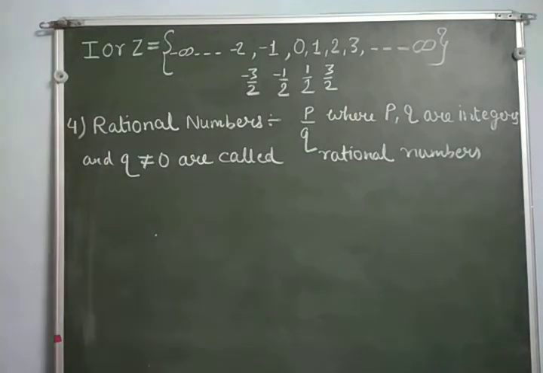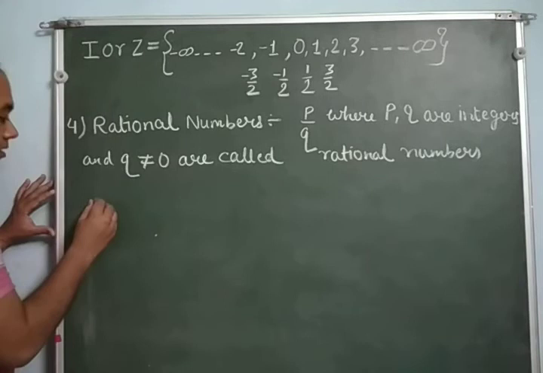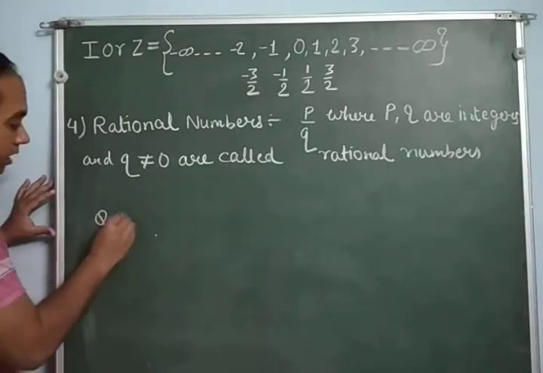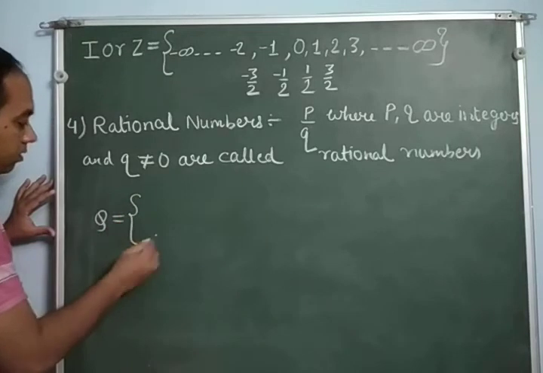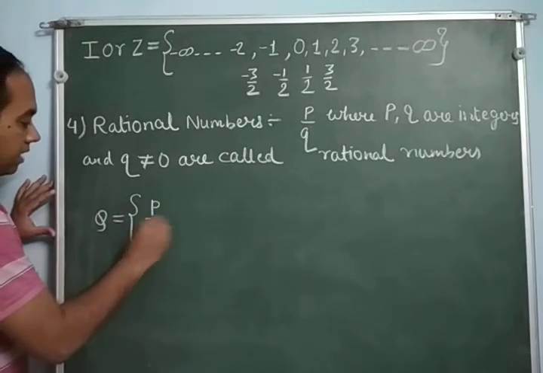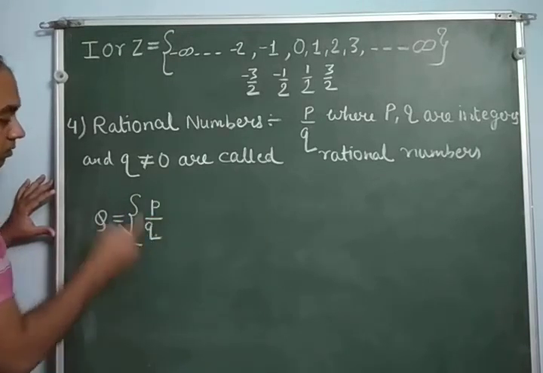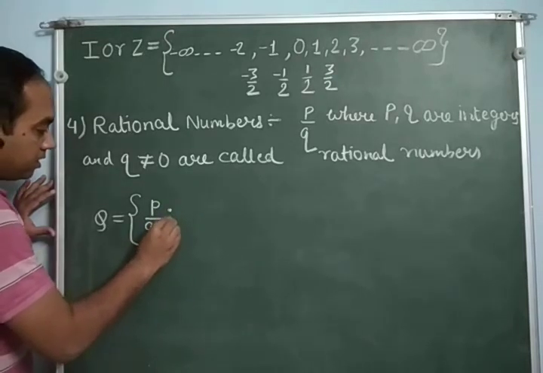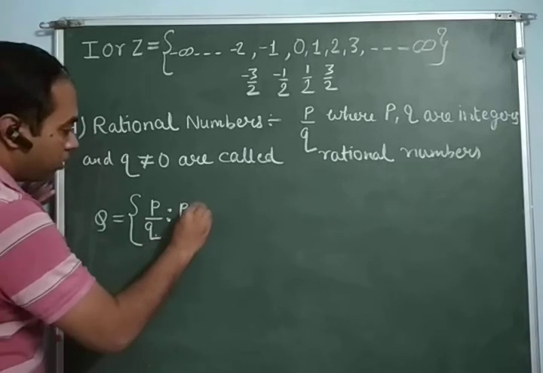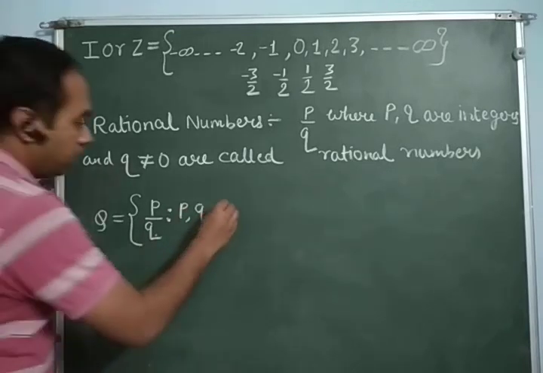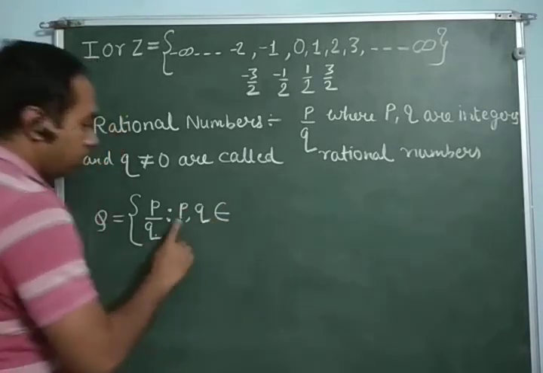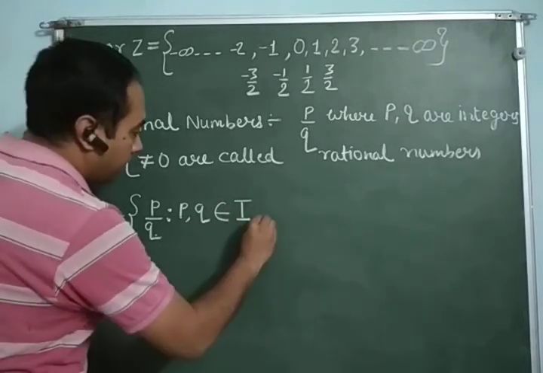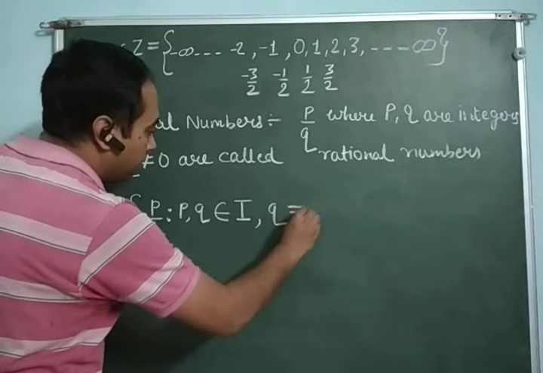Now, in set form, the collection of rational numbers is represented by capital Q, and this is equal to, in braces, P/Q such that P, Q, now this is the symbol of belongs to, P, Q belongs to integers, comma, and Q is not equal to 0.